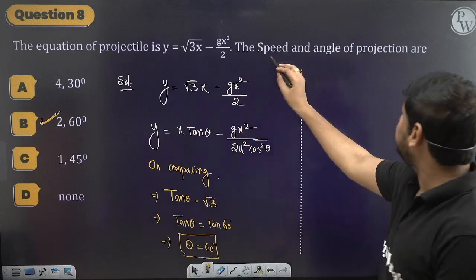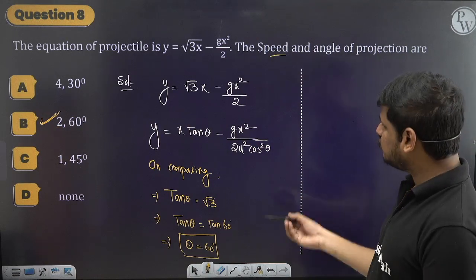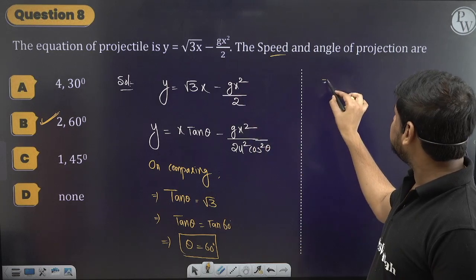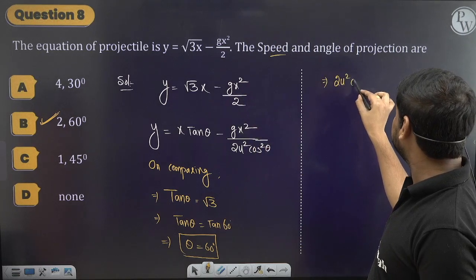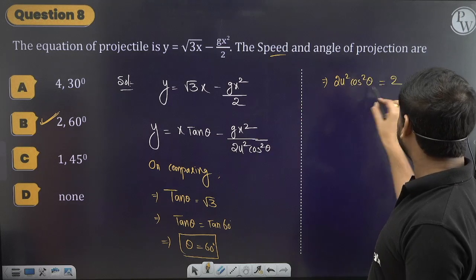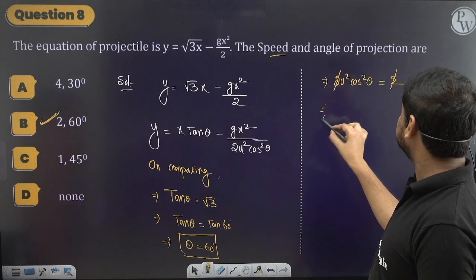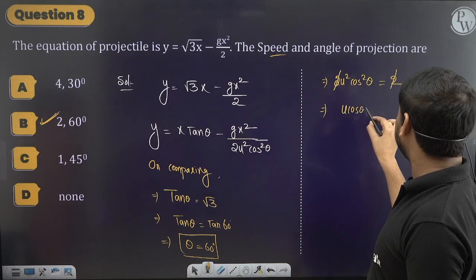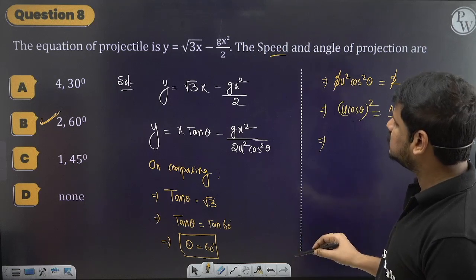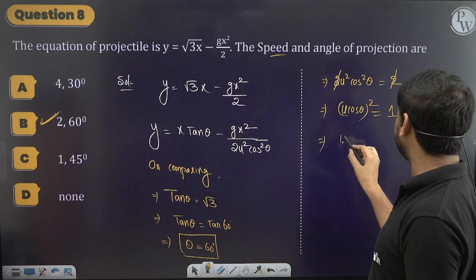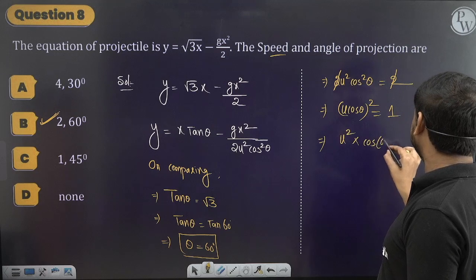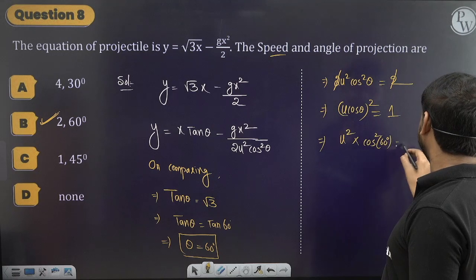Let's find the speed also, they are asking speed also, right? How do you find the speed? Again compare, g x square is there. In place of 2 u square cos square theta we have 2, so 2 cancels. Then u cos theta whole square is equal to 1.